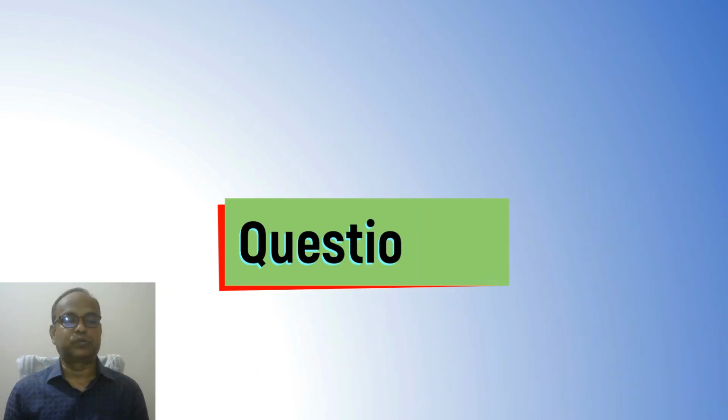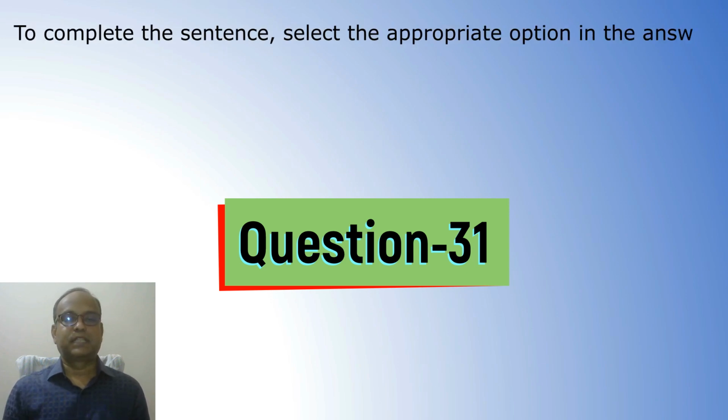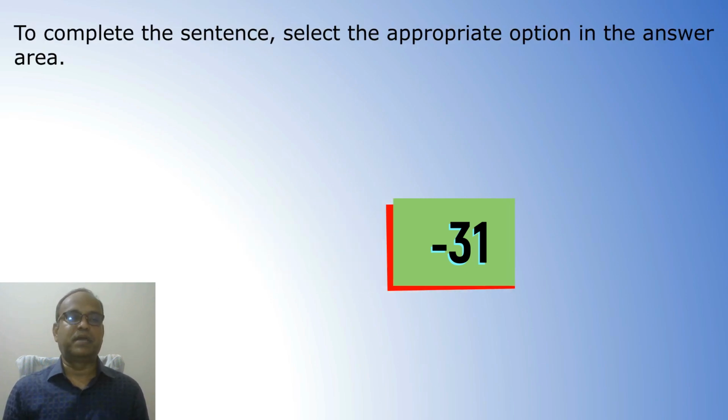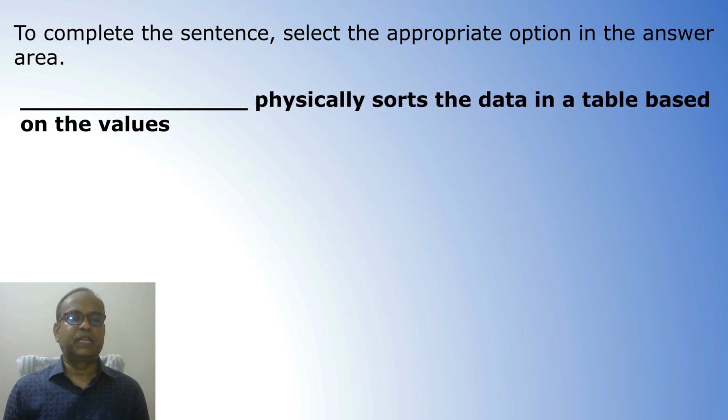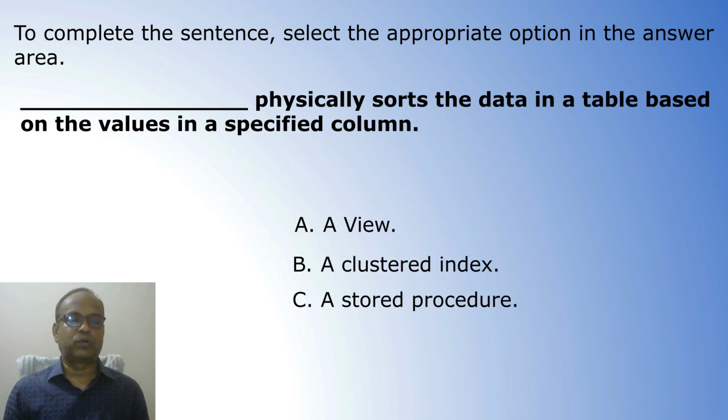Next, question number 31. To complete the sentence, select the appropriate option in the answer area. Dash physically sorts the data in a table based on the values in the specified column. Option A, a view. Option B, a clustered index. Option C, a stored procedure. Option D, a non-clustered index.